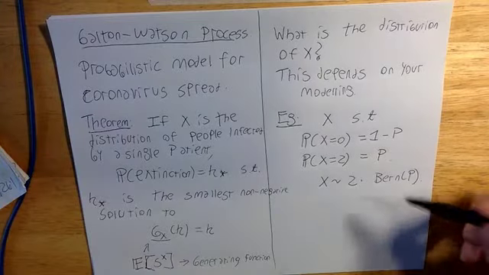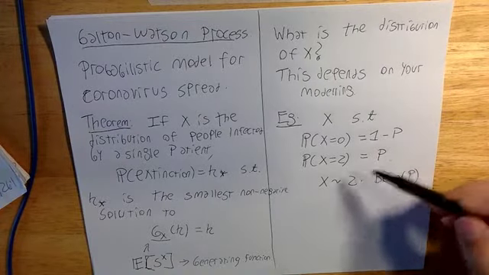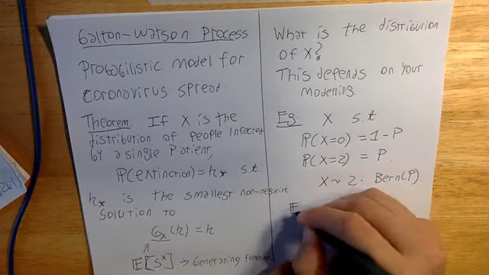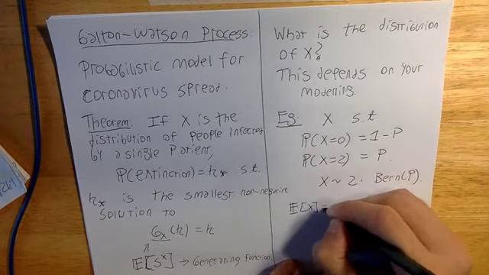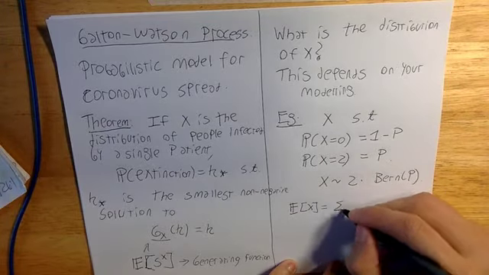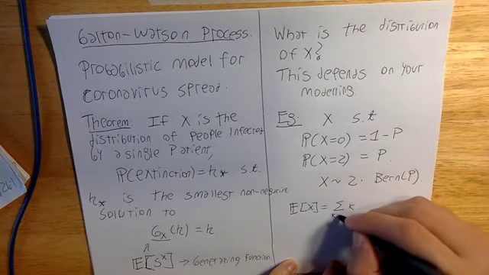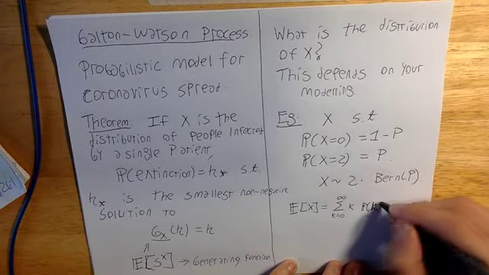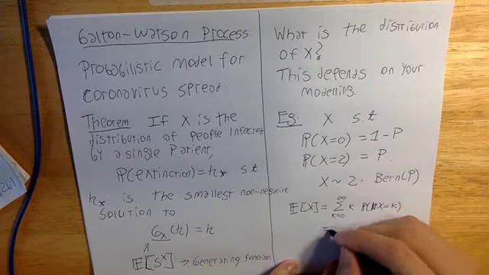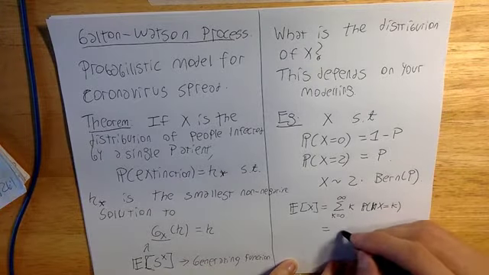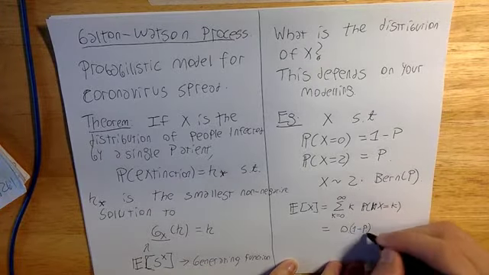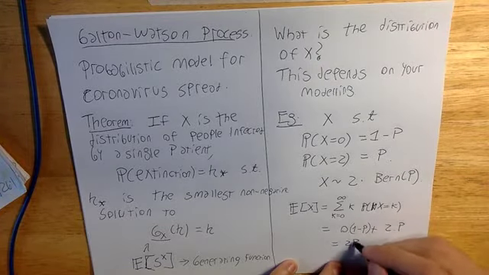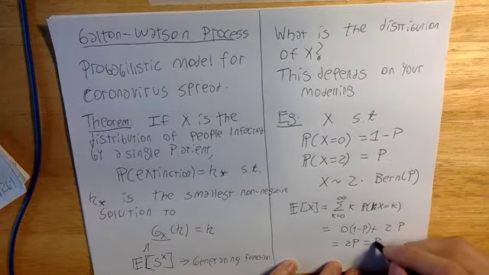So what is the expectation of X? The expectation of X is the sum over k equals 0 up to infinity of k times the probability that X is equal to k. So in this case, it's 0 times 1 minus p plus 2 times p. Okay, so this is 2p, and this is what we were calling R0.